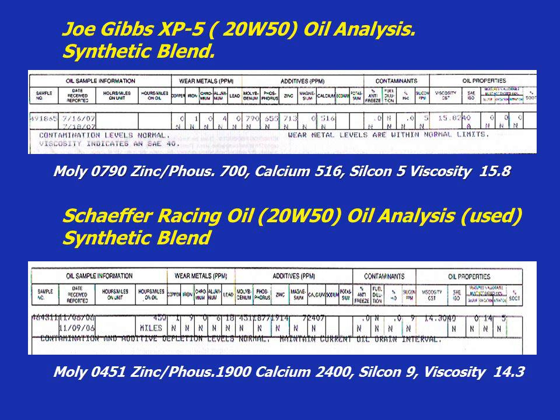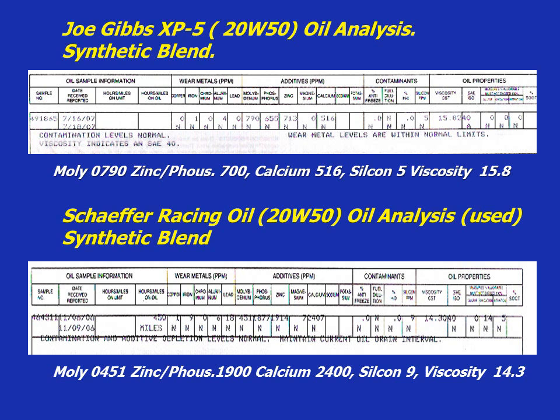Here was the Joe Gibbs synthetic blend. The moly was 800, yet the phosphorus was at 700. I don't know why. Here we had a Schaefer's. Okay, their moly was pretty good, about four or 500. Their zinc was at 1900, but they had like a heavy duty truck detergency package at like 2400.